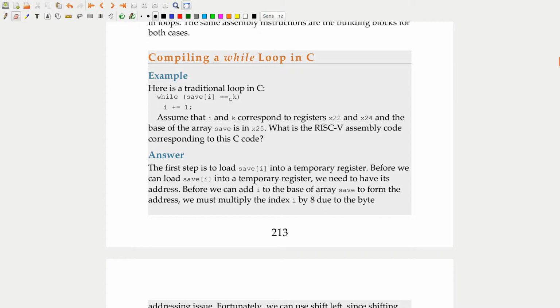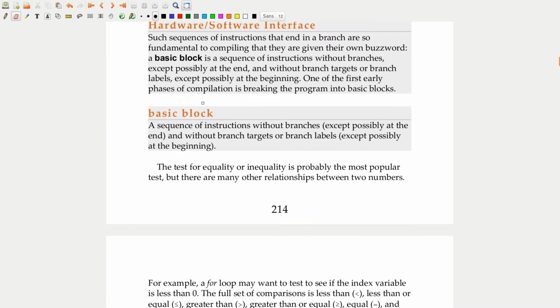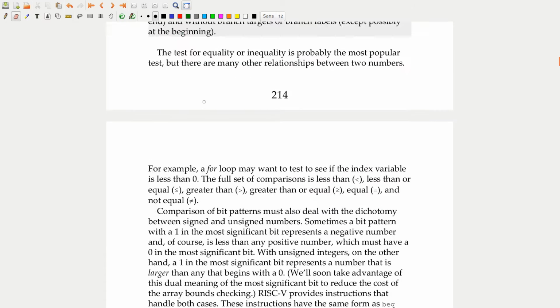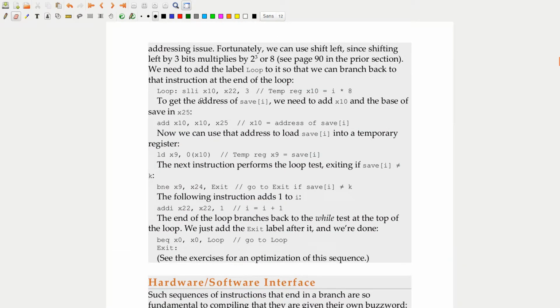So this is a simple while loop. We can run through this code fairly quickly and understand how it works. So we define a loop. So this is going to be our while loop. And what we do here is we shift left logical by an immediate value.